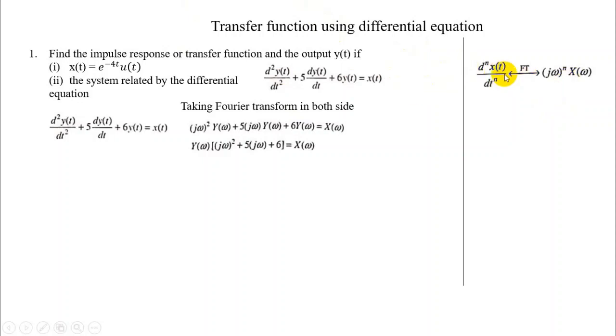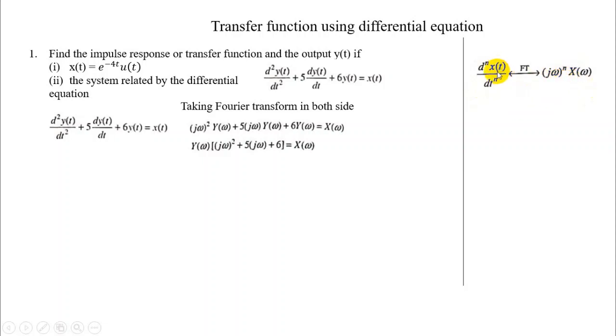We know that the Fourier transform of a differential term of any order, here d to the power n, can be obtained by simply writing X(omega) with (j omega) to the power n, as we have seen in earlier videos.